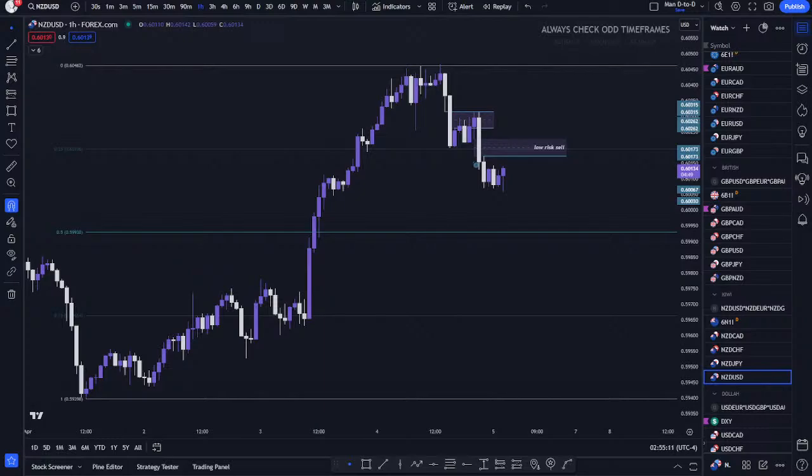Position sizer, short, take profit, not instant, pending order. So put a stop loss there at the high, take profit at the low, and the entry at the fair value gap.